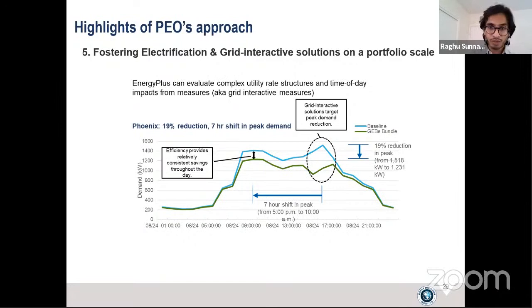A big part of which is being able to manage and limit the peak demands. When we start looking at very individual buildings, it may seem like just reducing the demand is enough. But when we start looking at portfolios, there's a lot of nuance that we can start looking at.